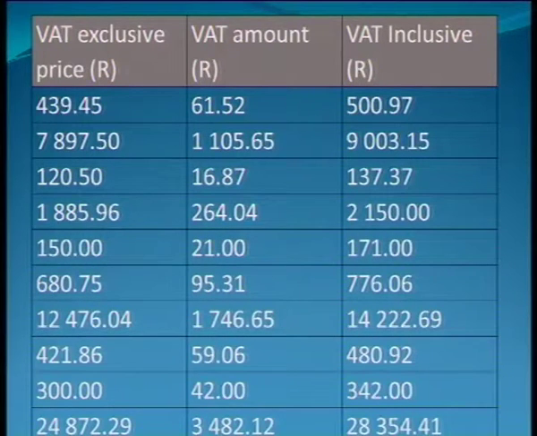Sometimes you will be given only the VAT inclusive amount and then you need to calculate the VAT exclusive amount.